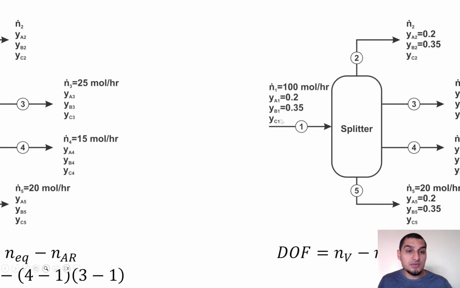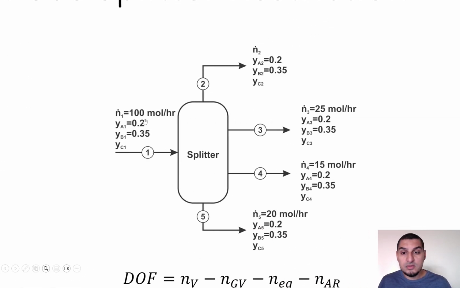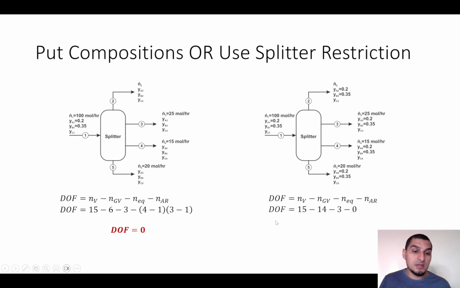Let's count the number of given variables here: 1, 2, 3, 4, 5, 6, 7, 8, 9, 10, 11, 12, 13, 14. So we have 14 independent given variables and 3 equations. This gives us a degrees of freedom of -2.